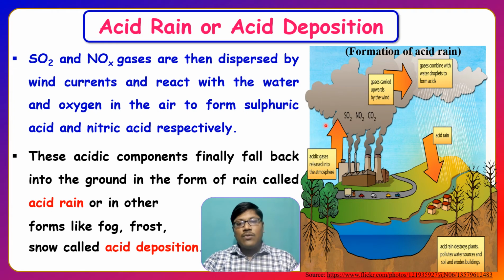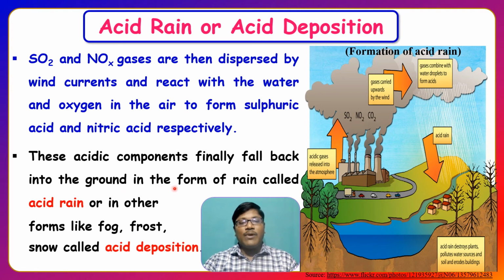The SO2 and nitrogen oxides released by these activities are dispersed into the atmosphere by wind currents and react with the oxygen and water in air to form sulfuric acid and nitric acid respectively, which means that SO2 will be converted into sulfuric acid and oxides of nitrogen will be converted into nitric acid in the presence of water and oxygen in air.